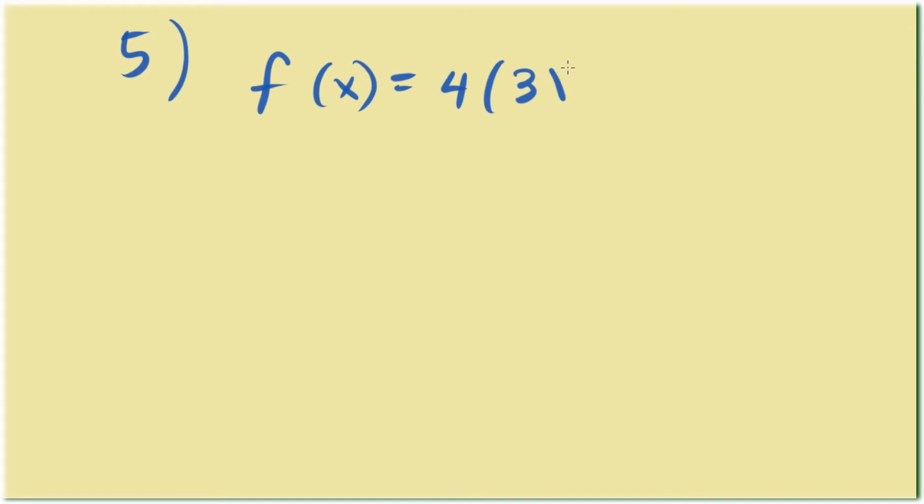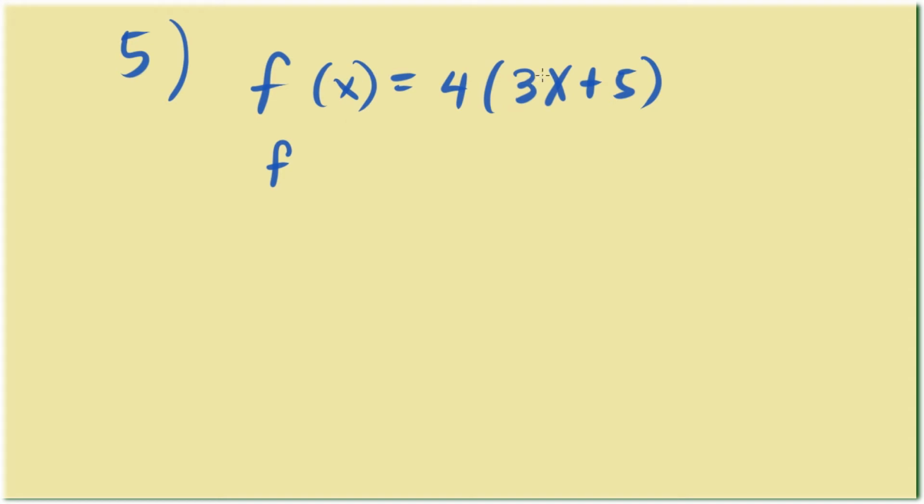Let's see number 5. Suppose we have, okay, let's say you have 4 times 3x plus 5. So we have this constant multiplier to our quantity 3x plus 5.